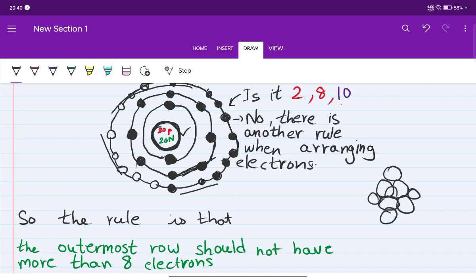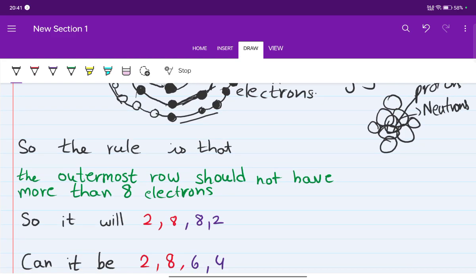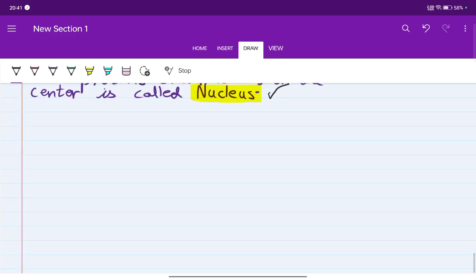It looks something like this. It has some protons and some neutrons.